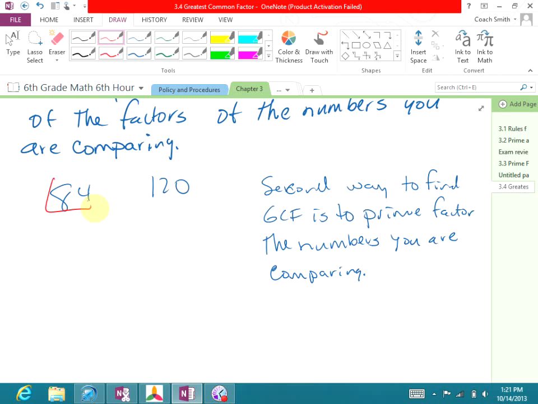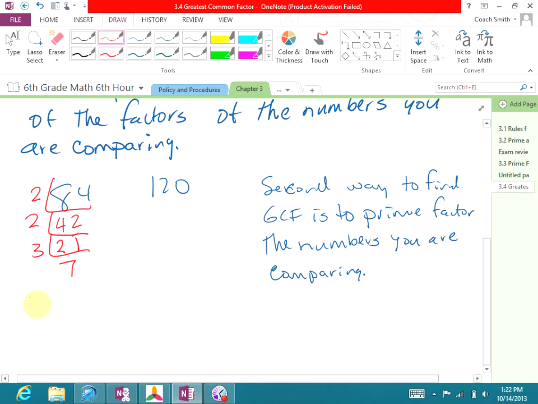All right? Now, 84. We start with our first prime number, which is 2. 2 goes into 84 because it's even. It goes 42 times. 2 goes into 42. 2 goes into 4 twice. 2 goes into 2 once. 2 doesn't go into 21, but my next prime number does, which is 3. 3 goes into 21 7 times.